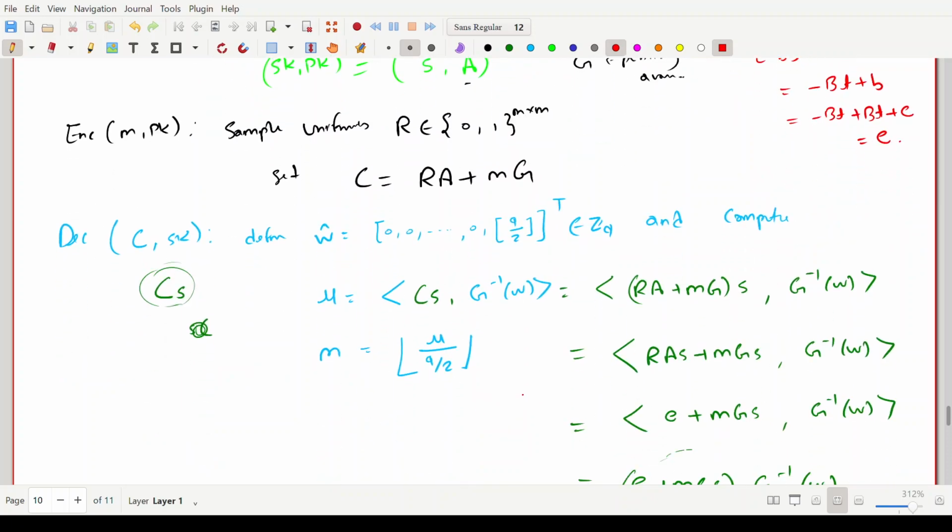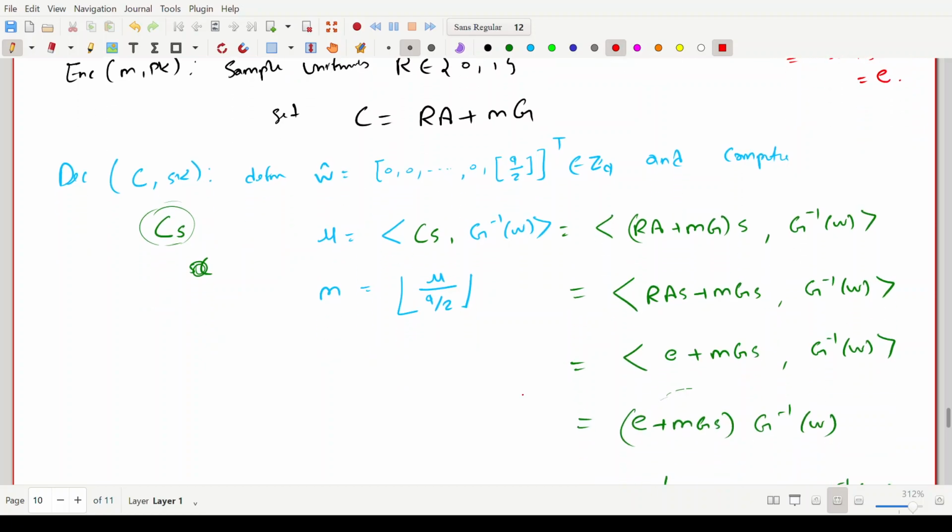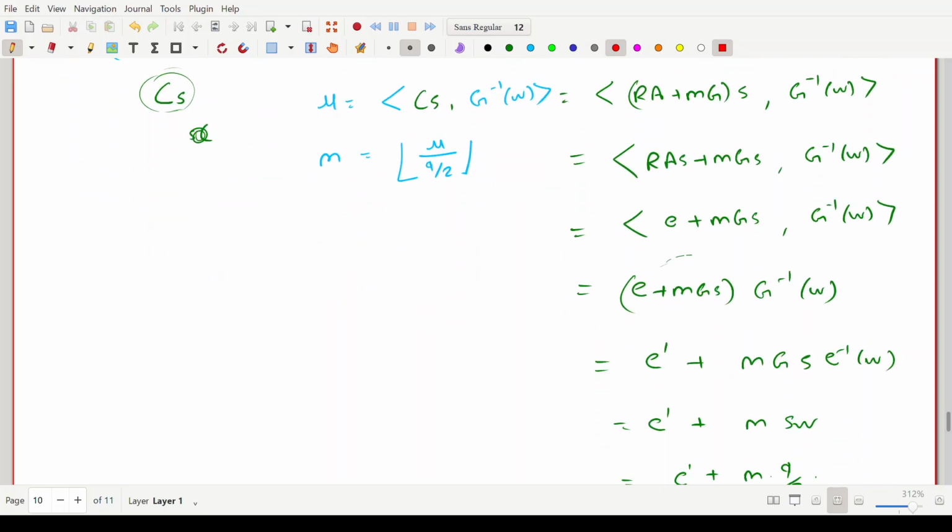First find a vector W bar whose elements are all 0 up to n-1, and the last one is q by 2, and compute mu, which is the inner product of C into S into G inverse W. I told you that CS will be this, and G inverse W I kept as it is, and at last if you multiply these two, this part gives MG S plus E, G inverse W.